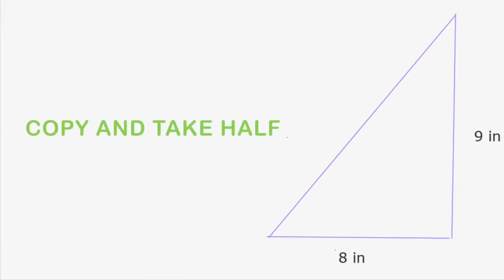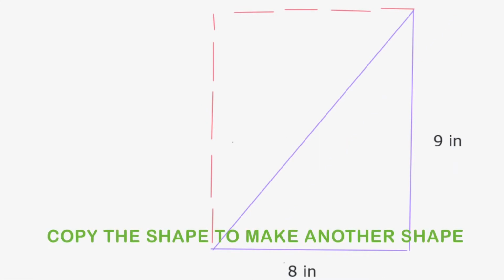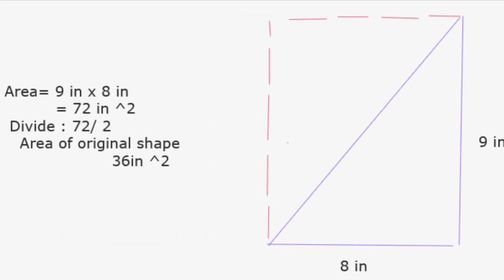A method that includes the additivity principle is the copy and take half method, which is when you look at the shape. Right here, you look at the triangle and you copy it. You combine them together and make one rectangle, and then you find the area of that rectangle and take half.